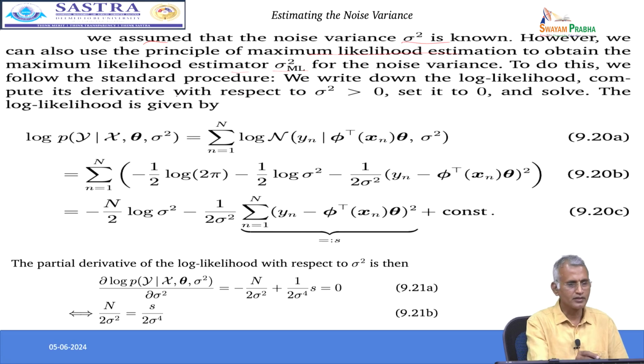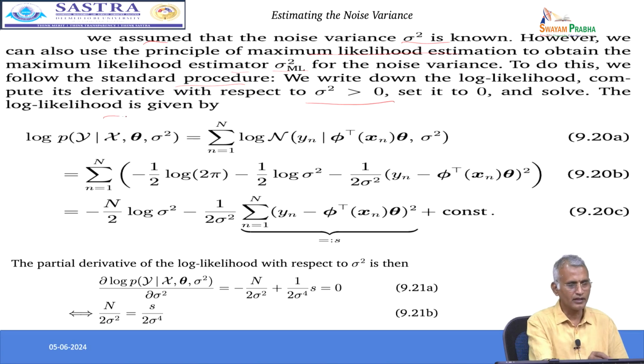To do this, we follow the standard procedure: we write down the log likelihood, compute its derivative with respect to sigma square, set it to 0 and solve.